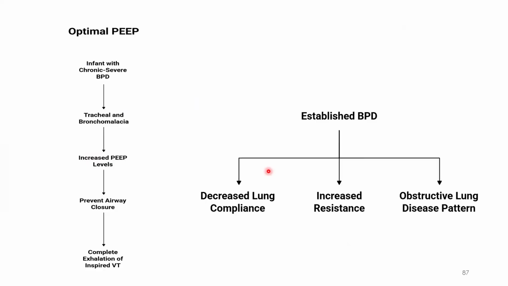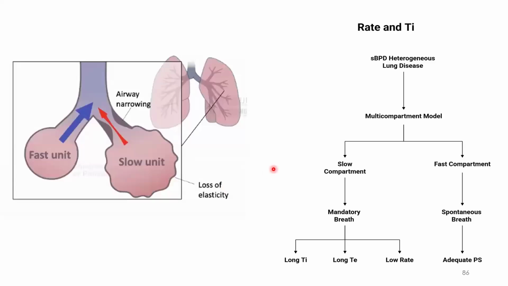I think I forgot to add one slide here: how should we use SIMV with PS or SIPPV in case of severe BPD? The answer is that in severe BPD, the ventilator modality to choose is SIMV with PS rather than SIPPV.